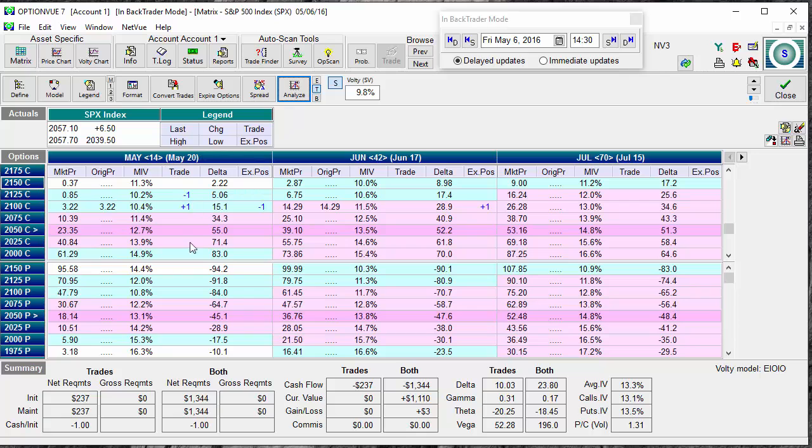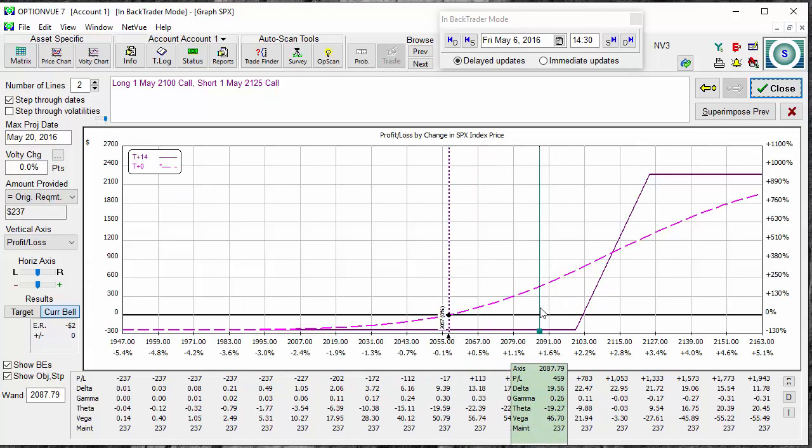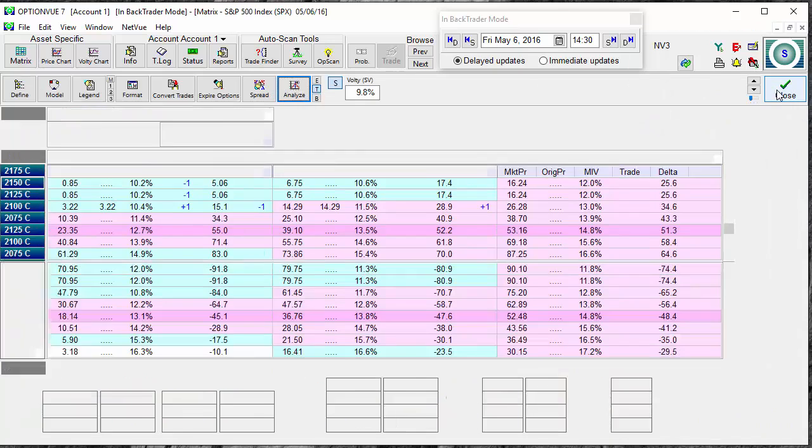I can put on a $200 directional debit spread that if we move from where we currently are to say 2100, that trade will theoretically bring in about $662.